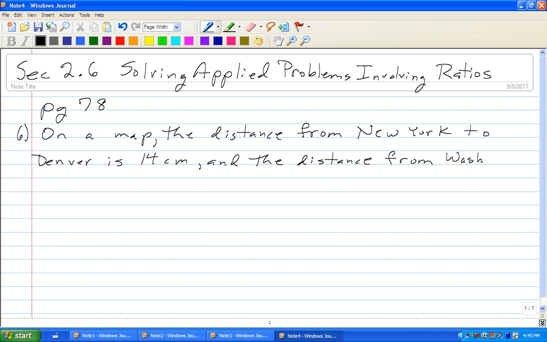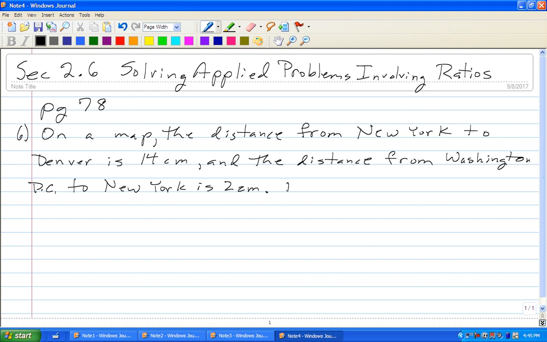From Washington, D.C. to New York is 2 centimeters.